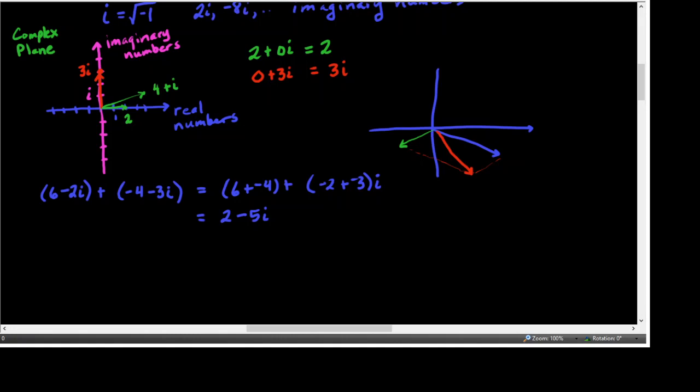Now, I didn't draw that to scale because I probably would mess it up anyway, but does that make sense that that could be right, 2 and down 5?